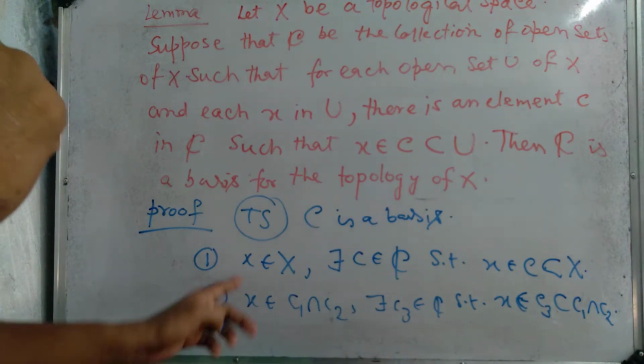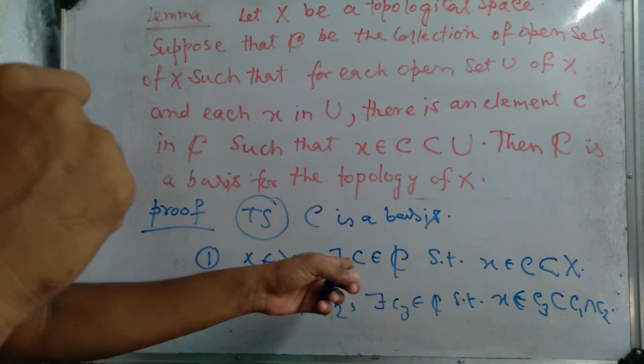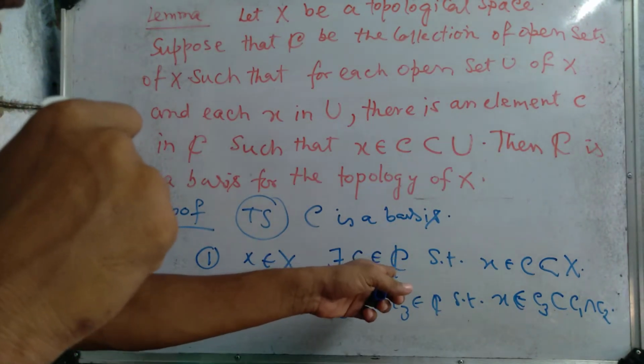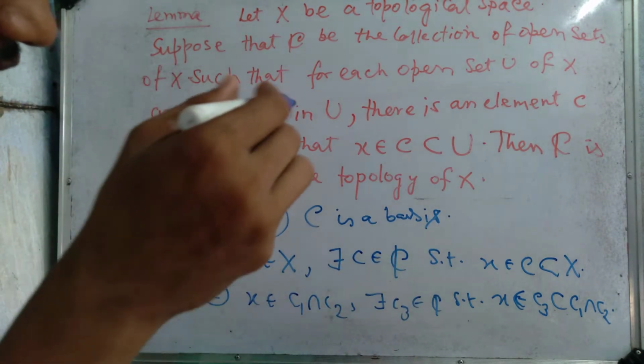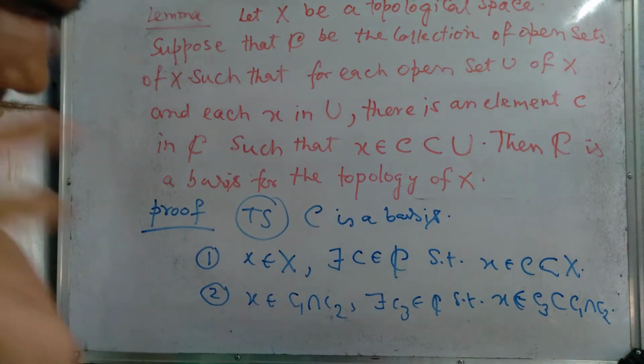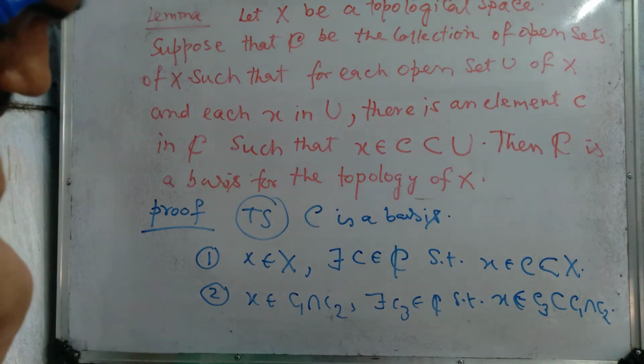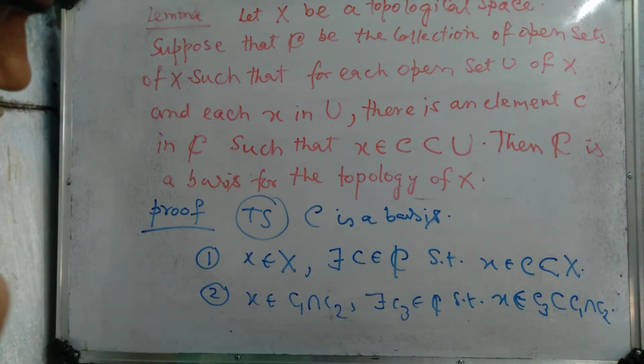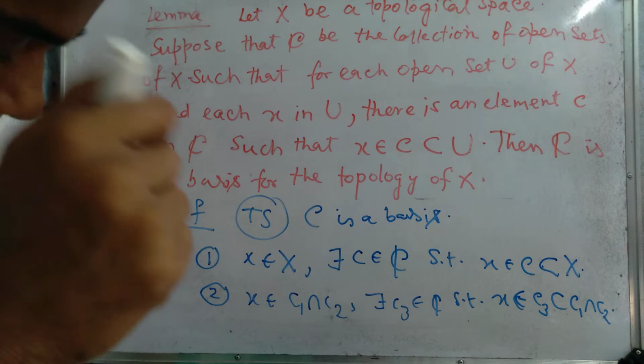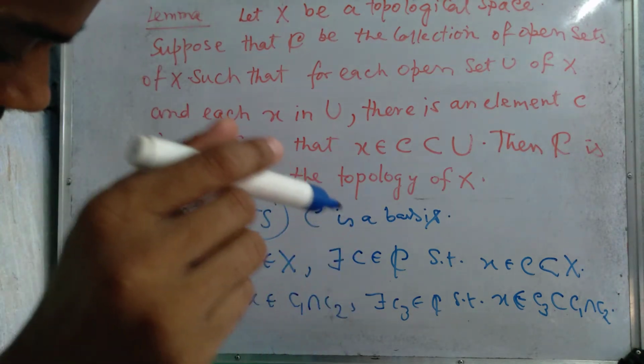Since x belongs to X, there exists C belonging to script C such that x belongs to C subset of X, because X is also open by the definition of open set and C is a collection of open sets.